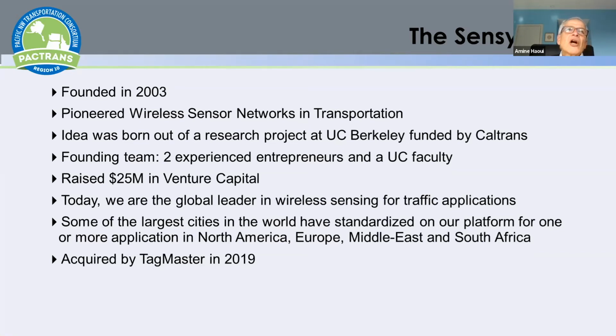It's a very, very complex interface. And to get the products to the level of performance that makes them useful to the practitioners, that makes them accurate enough for the traffic operations or data collection, it takes quite a bit longer than you think.